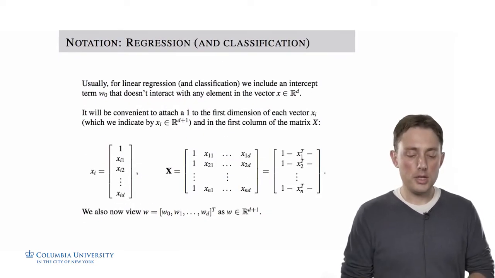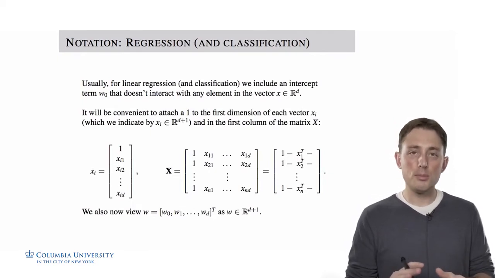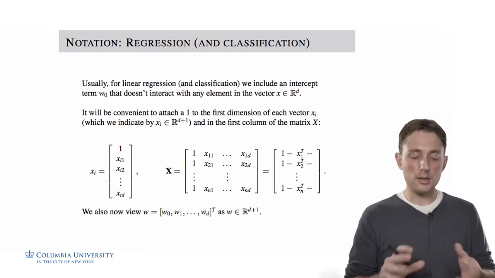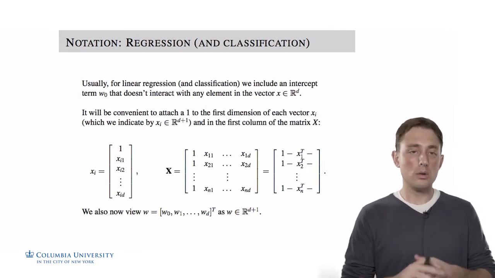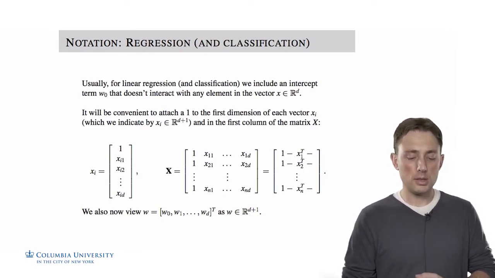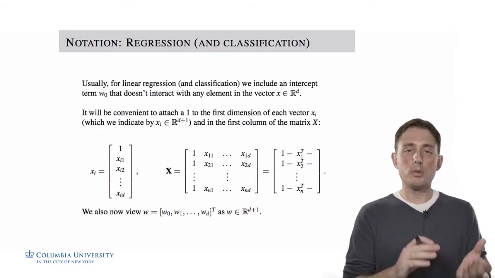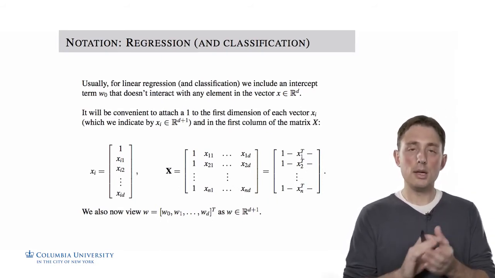When we look at the notation, what we're going to do is something very simple, and often this is done either in your code or if you're reading papers where these things are explained. We're going to take the intercept and add that to the dimension of x.